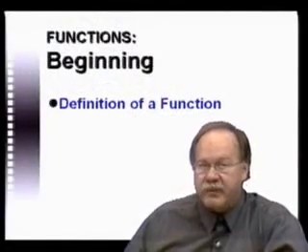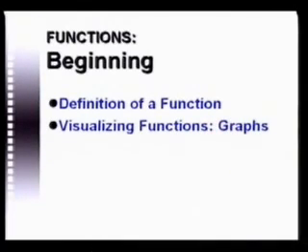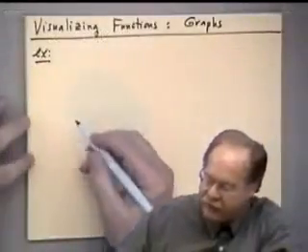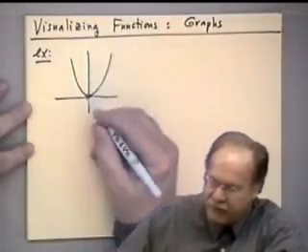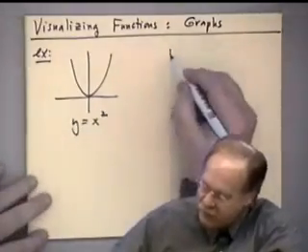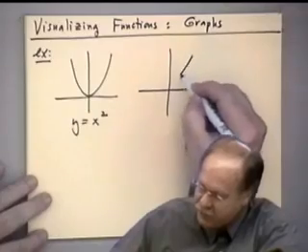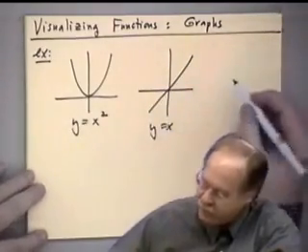Now that we've looked at the notion of a function, let's look at how to visualize a function in the form of what you know as graphs. Let me first begin by giving you some examples here of a number of graphs of functions that you may be familiar with. Here's the function y equals x squared. Here is another function, which is the y equals x function, the line through the origin.